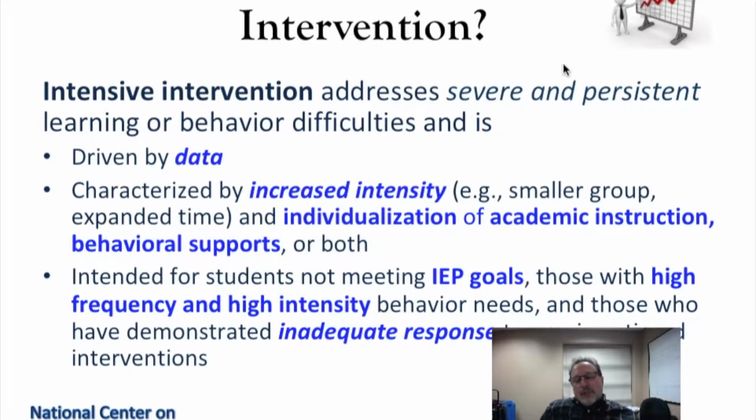We want to make sure that before moving to Tier 3, that we really have delivered on group level interventions in a way that is appropriately targeted for that particular student, and that we've delivered that intervention with fidelity, so we know in fact that we have provided that intervention in a way that should be effective at meeting the student's needs, unless it's clear that they have needs that go beyond that and to a higher level.